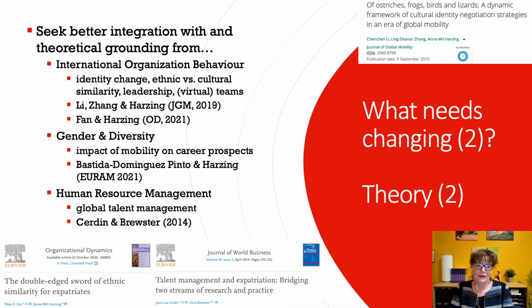And then the second article by Fan is looking at expatriates who are ethnically similar but culturally different from the country they are sent to. So, for instance, Chinese Americans or Australian Americans.